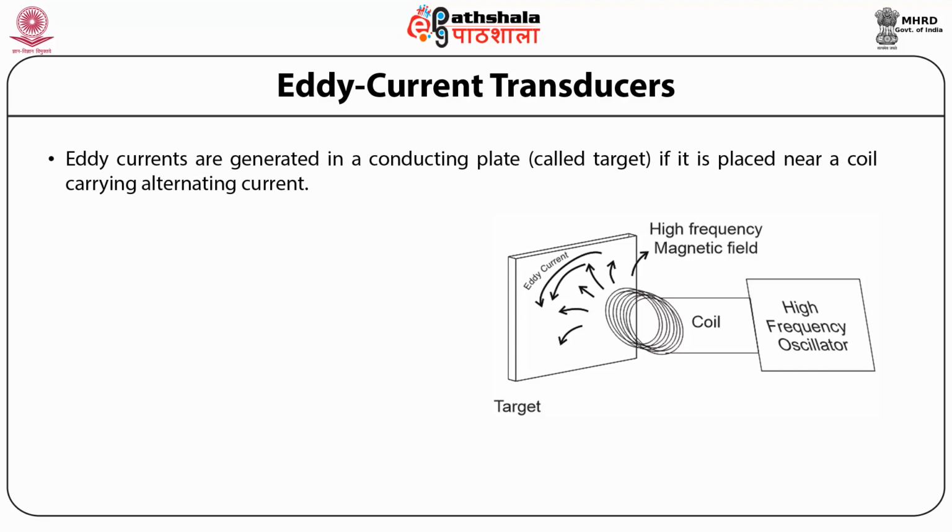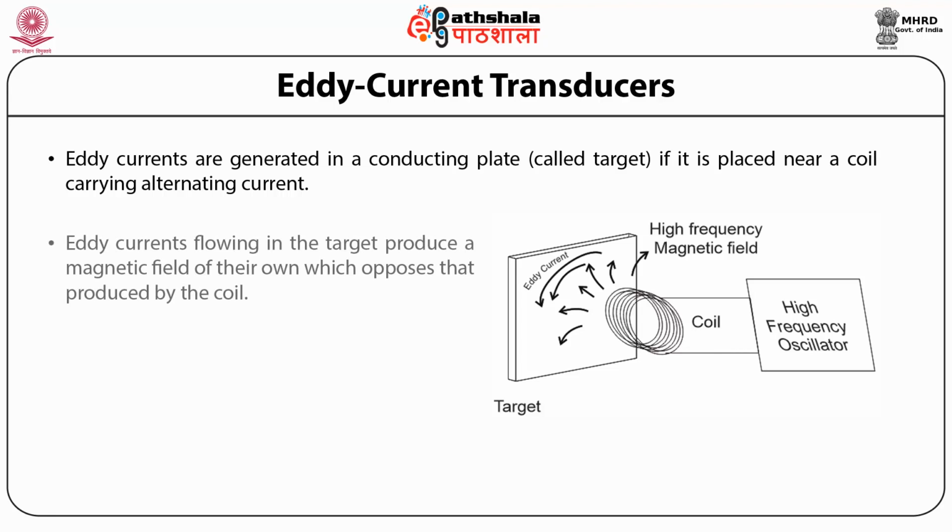Eddy currents are generated in a conducting plate if it is placed near a coil carrying alternating current. This figure shows the generation of eddy currents, which flow in the target and produce a magnetic field of their own which opposes that produced by the coil.